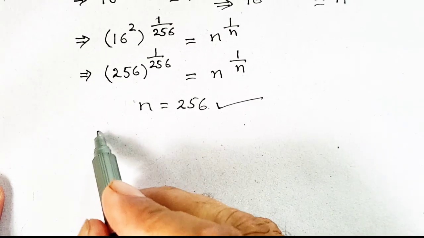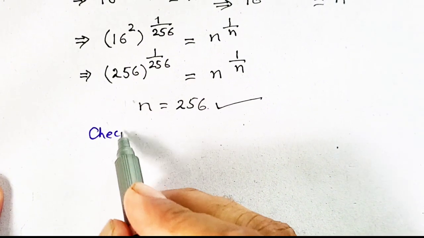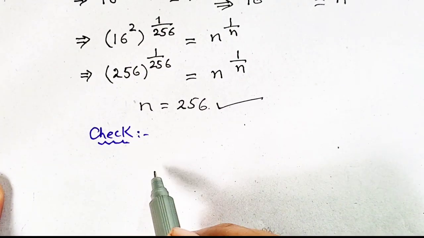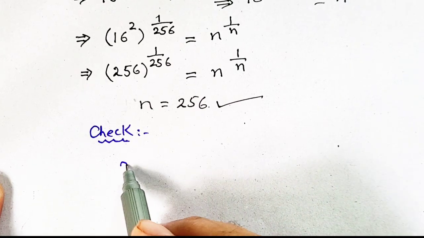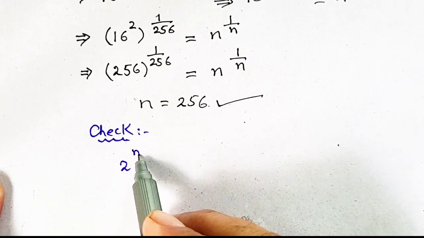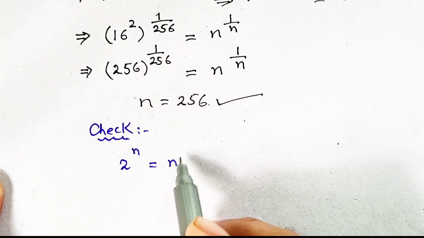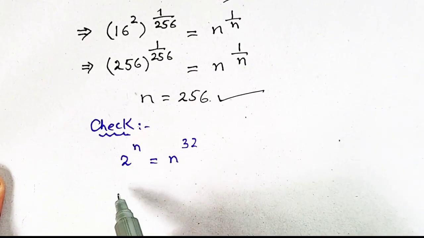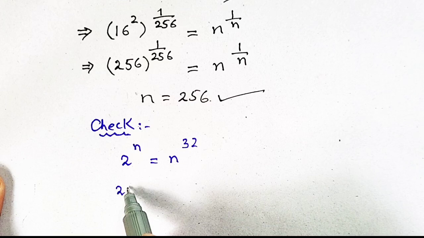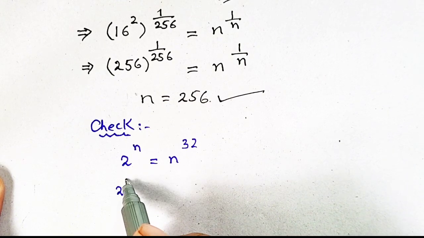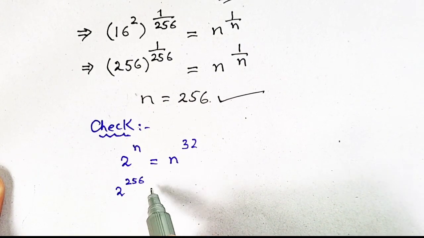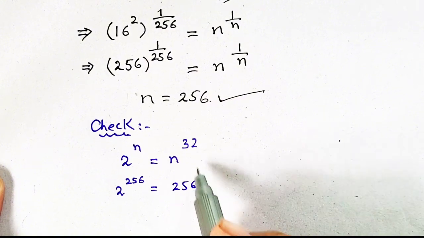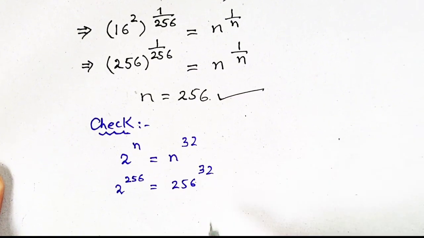Now I will check whether this answer is correct or not. So I have to rewrite the question. 2 power n is equal to n power 32. Now what is the value of n? We got 256. 2 raised to power 256 is equal to 256 power 32.